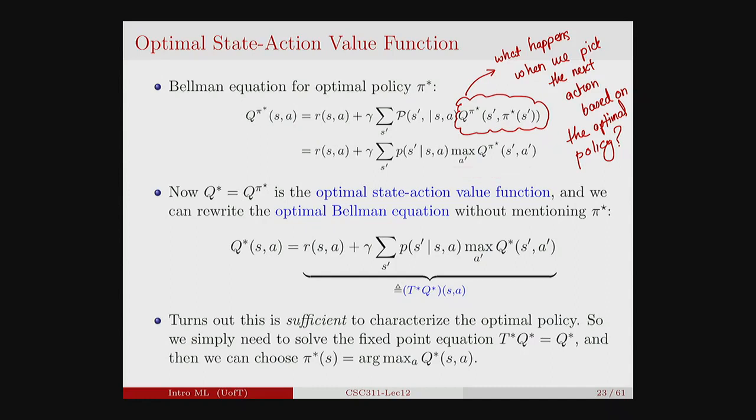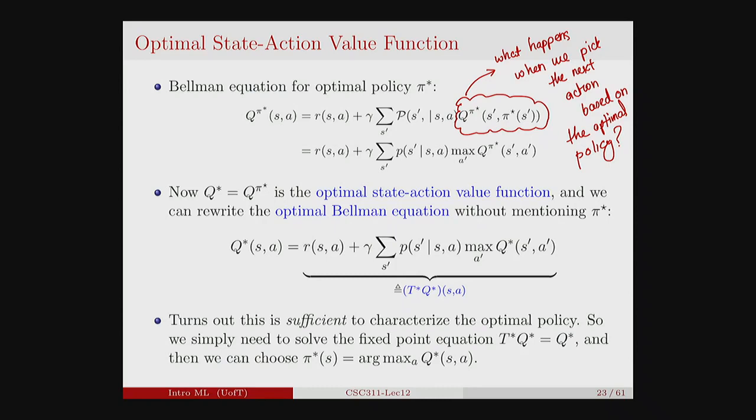Now Q star, equal to Q pi star, is said to be the optimal state value function, and this is the optimal Bellman equation. The key difference between the original Bellman equation for Q functions and the optimal Bellman equation for Q functions is that I've replaced this dependence on the policy function. I no longer have a recurrence relationship that depends on pi star, because this only depends on what the max of the row of my matrix Q actually is.